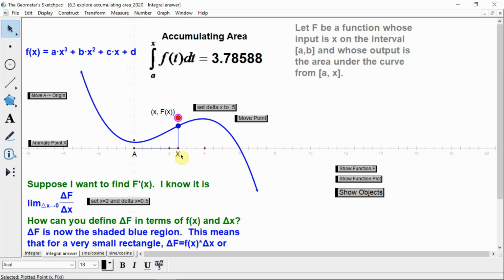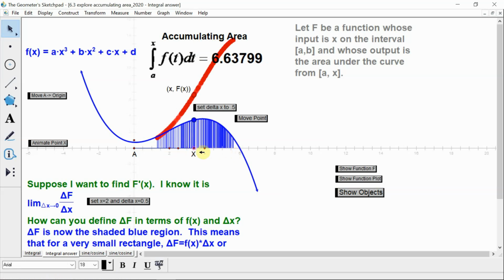And if I drag this further to the right, that point should go up because I'm accumulating more area. It's still going up, but not as fast, right? We should see there's a concavity change happening in here, from concave up to concave down, because the heights of the rectangles are reducing.